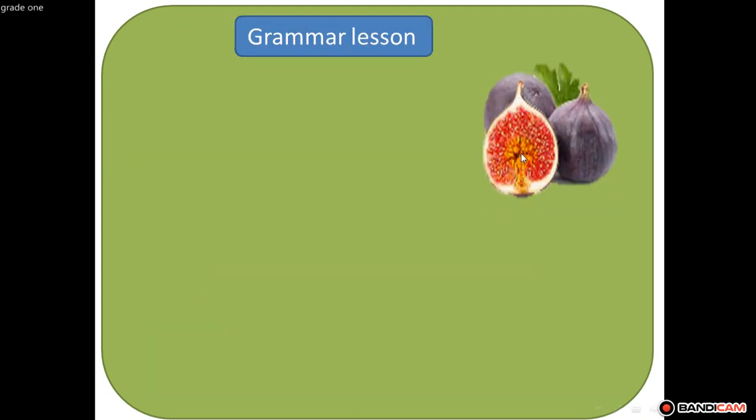Look at this picture. What are these? Excellent. There are figs. This is a capital letter and this is a full stop, so this is a sentence, and there is the plural S, so there are figs.